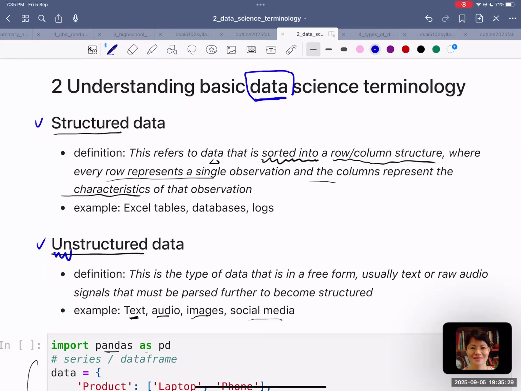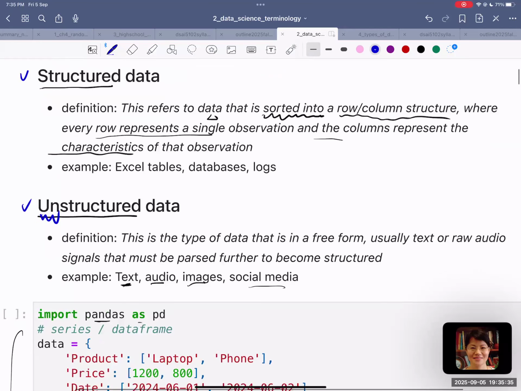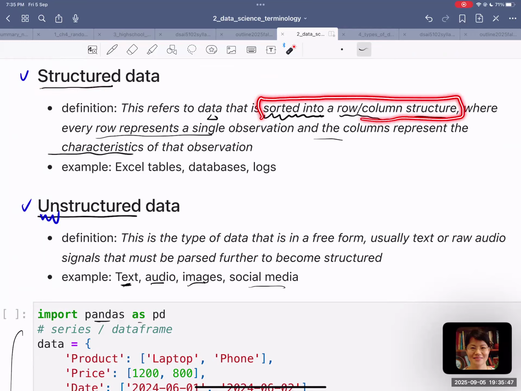Yeah, it goes back. So now let's introduce the data structure. Number one, structured data. Structured data usually means what? The data that is sorted into a row and column structure.